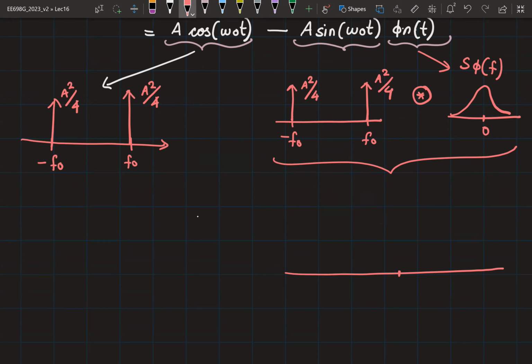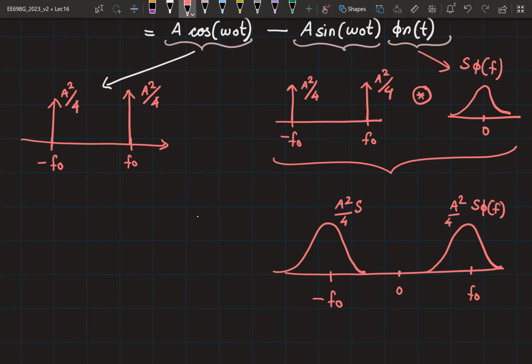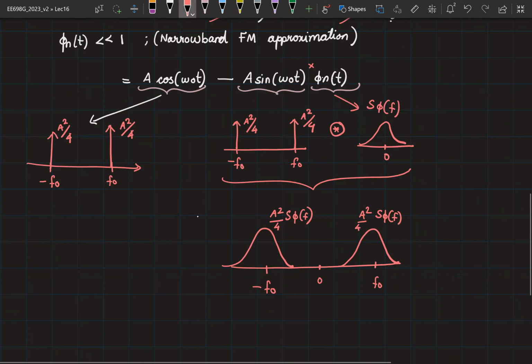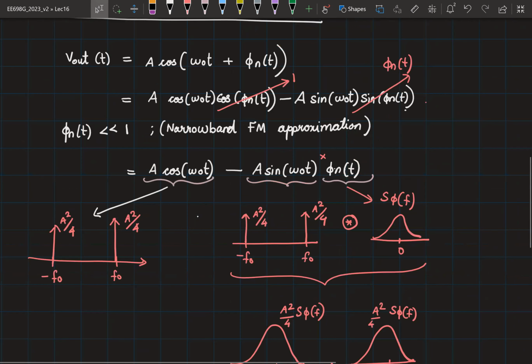So if this is 0, at f naught, you will get S phi of f into A square by 4. At minus f naught, you will have A square by 4 into S phi of f. Is this clear? Okay. So now, can you tell me what would be the PSD of V out of t would be?